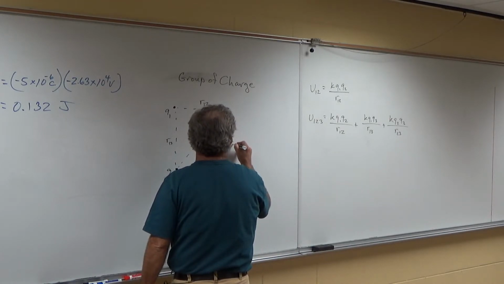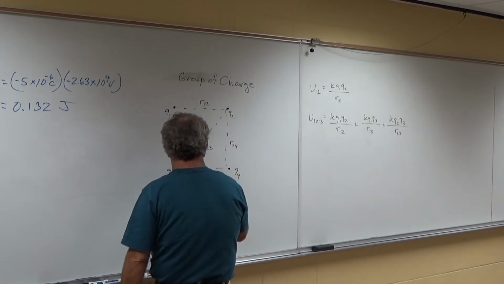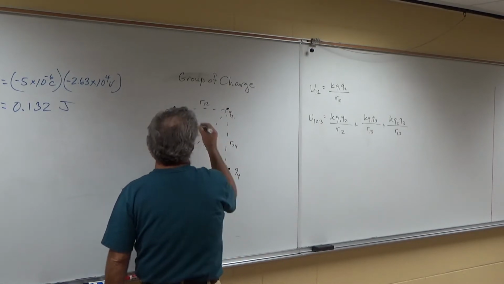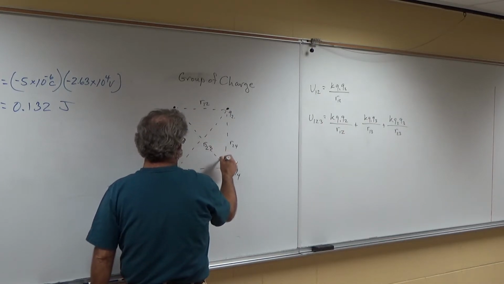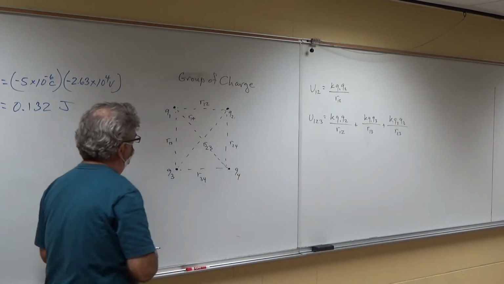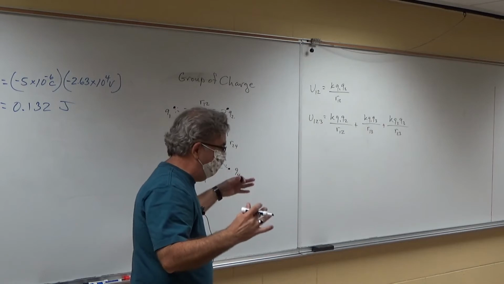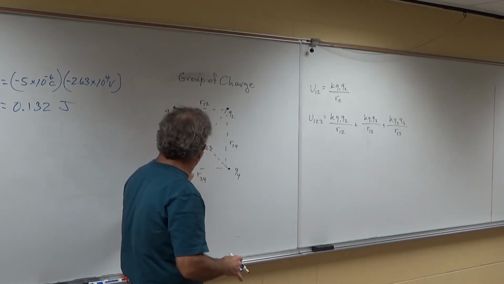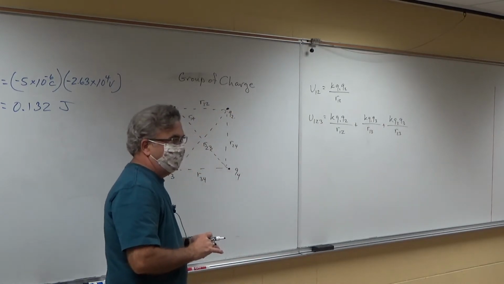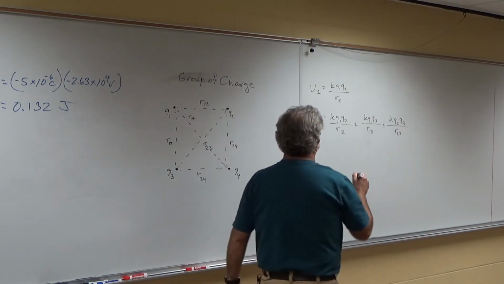Here's R24, R34, and along this diagonal is R14. To bring this charge in, it's the same logic. I had to do work against all three of these. So U, for 1, 2, 3, 4.